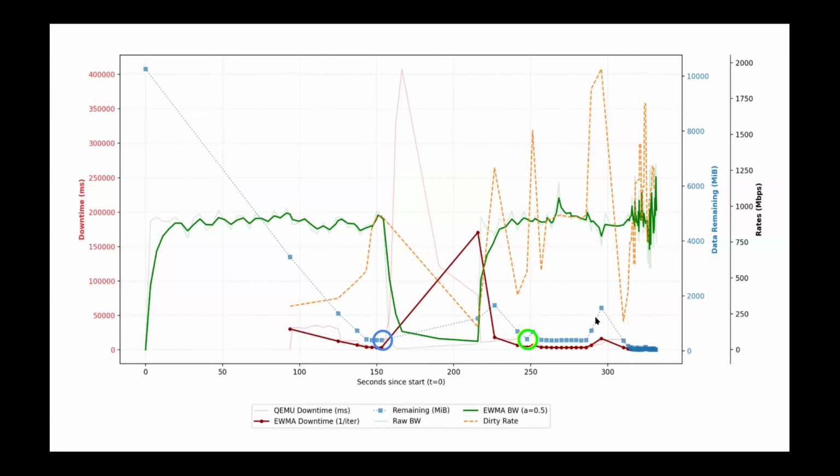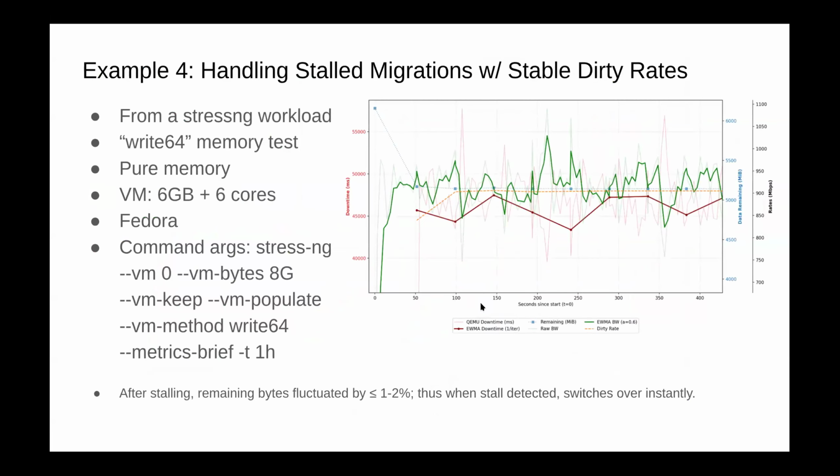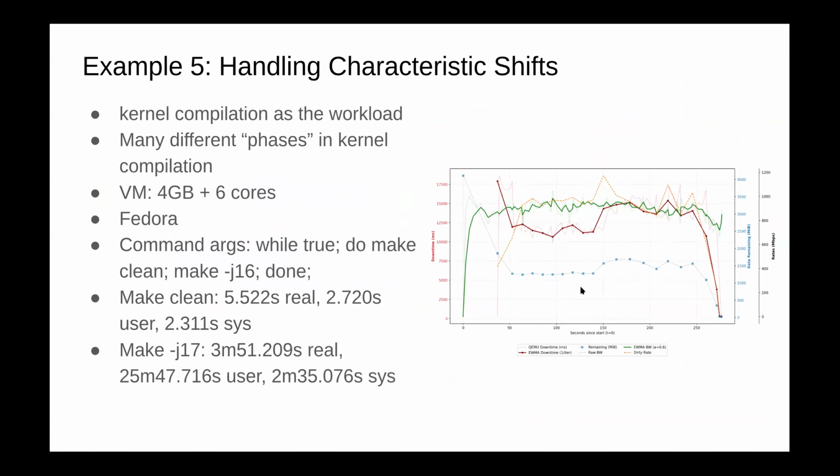So this is one limitation, but I don't really see a way around it, at least not without adding significantly more complexity. In the interest of time, I'm not going to go over this example, but the algorithm also has a relaxation portion, because sometimes due to phase shifts in the underlying program, you can see over here, dirty rates are stable, but then dirty rates spike.